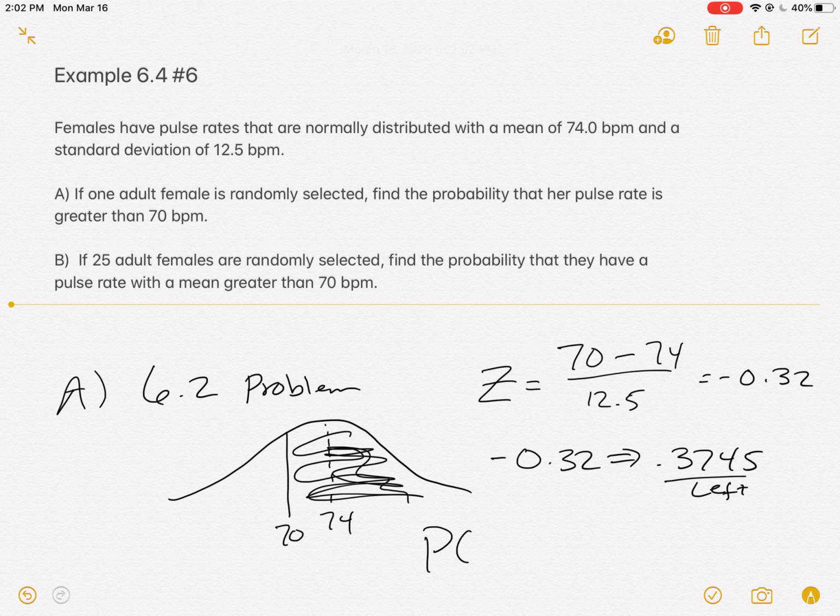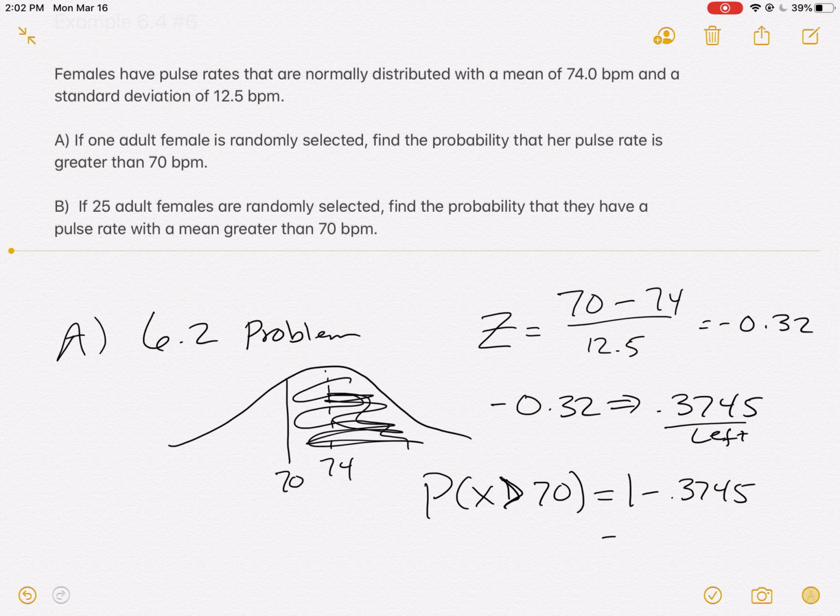So the probability that this one woman has a pulse rate greater than 70 is equal to 1 minus 0.3745. And if we look at 1 minus 0.3745, we get 0.6255. And that's the answer for part A in number 6.